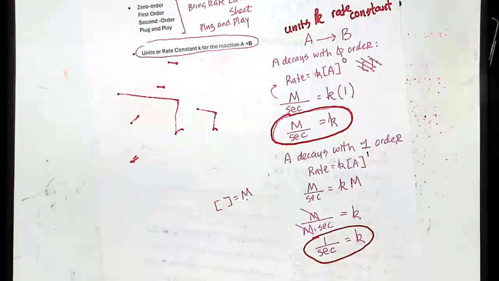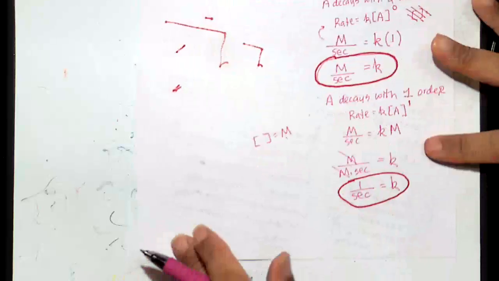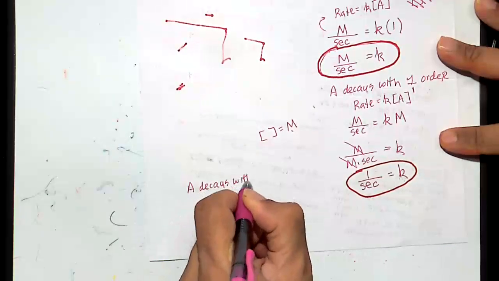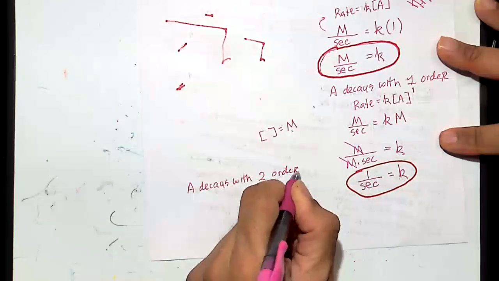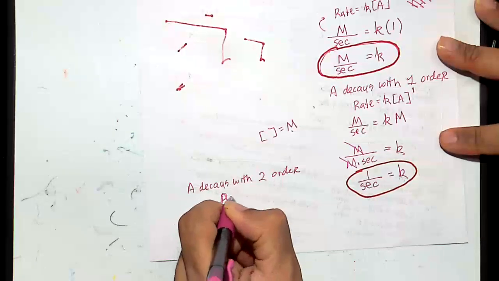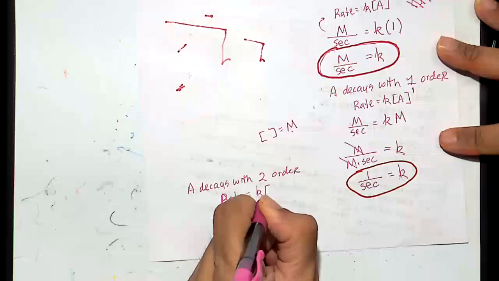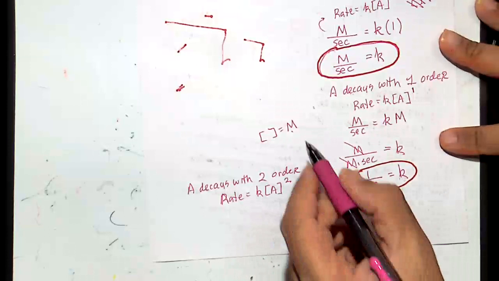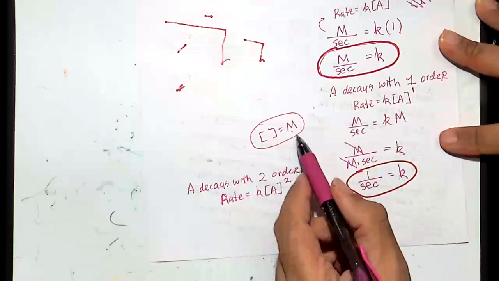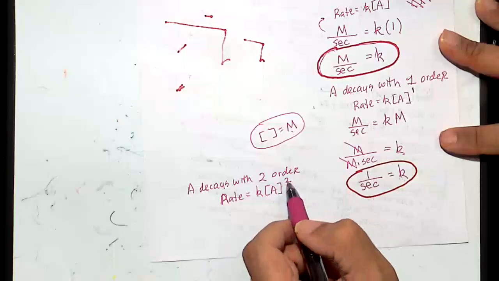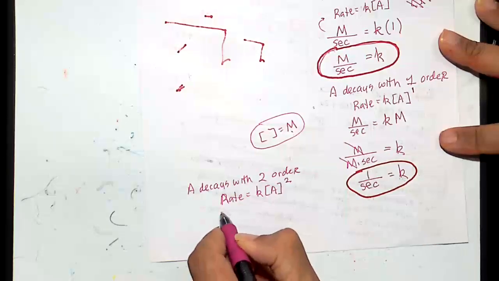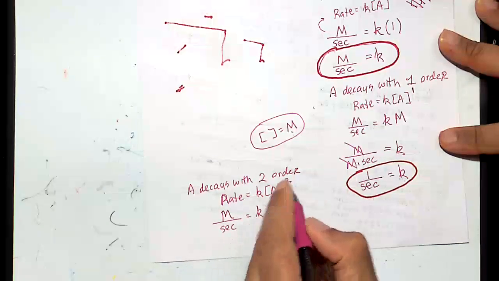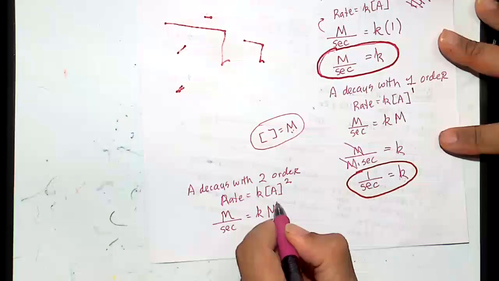And then the final option is that A decays with second order. If it decays with second order, then it's going to be squared. What are the units of concentration? Molar. So the customary units of rate, molarity over seconds, equal k times M squared. So the units for k are molarity over second times M squared.